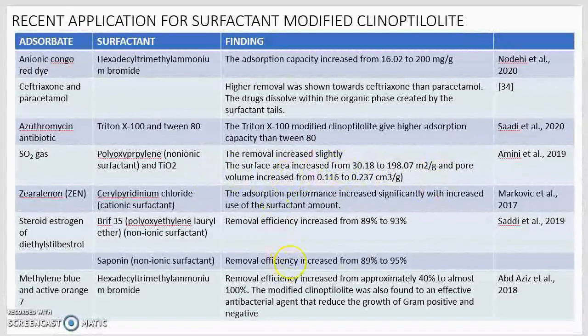And the other one is not only removal of dyes: the surfactant was also found to be an effective antibacterial agent that reduces the growth of gram positive and negative bacteria. All of these are the recent applications I found in surfactant-modified clinoptilolite research.